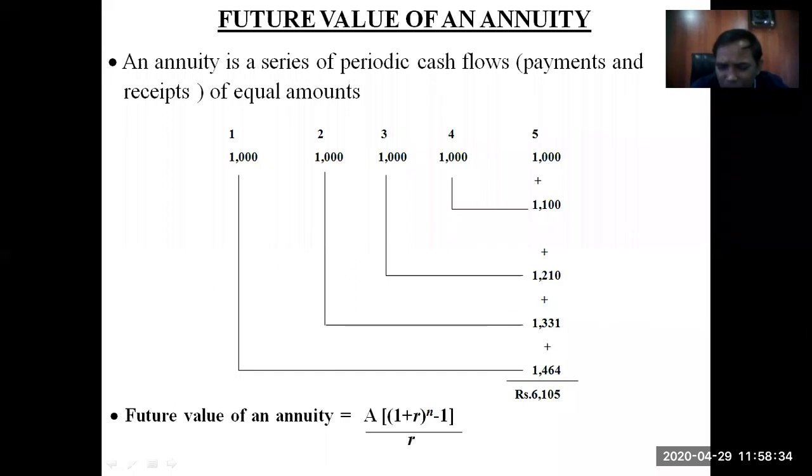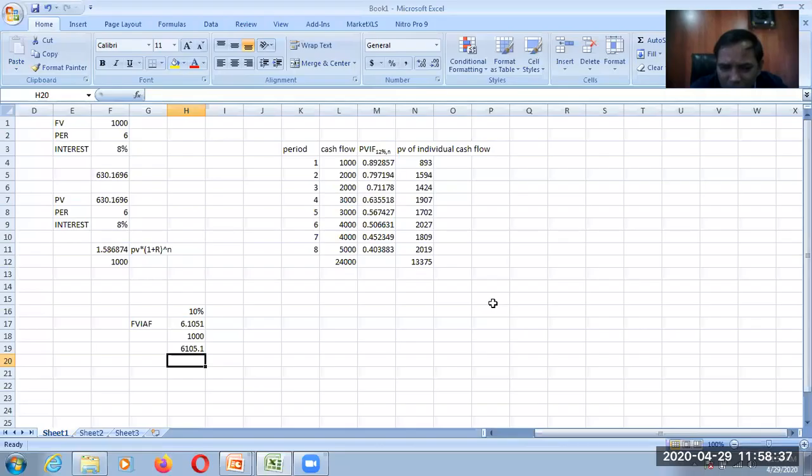This is the formula. This is what we calculated right now. The future value interest annuity factor is equal to, I'm calculating it one more time. Just see and note it down if you have pen and paper with you.